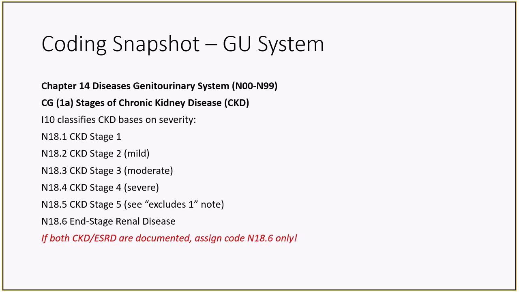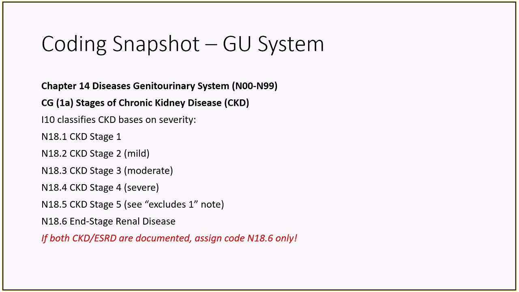And if I want you to see the Excludes1 note, I want you to go to your tabular list, to N18.5. And what you're going to see there is an Excludes1 note. So note that a patient with CKD stage 5 documented as requiring chronic dialysis is to be coded with N18.6, that's your end-stage renal disease, and Z99.2, which is dependence on dialysis.